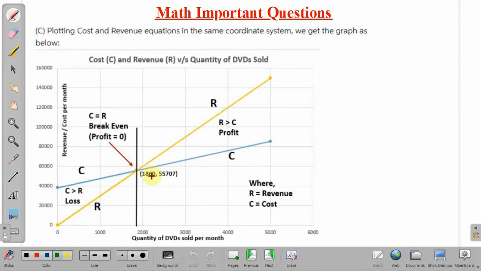Now we have to interpret where the company will make a profit and where it will make a loss. In the region between the two lines to the right of the break even point, revenue is more than cost, and the profit is shown by this difference. Similarly, on the left side of the break even point, revenue is less than cost, which means the company will make a loss in this region.